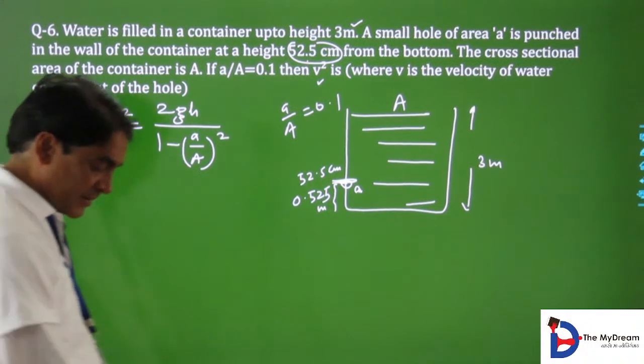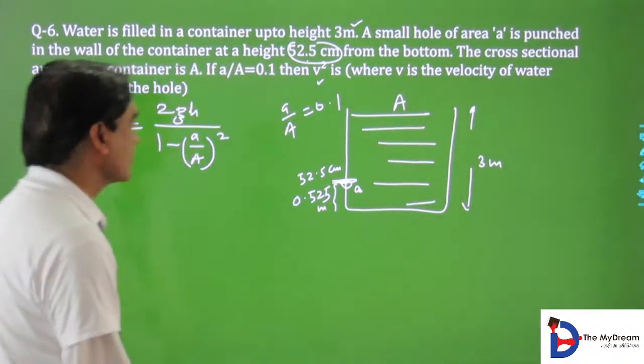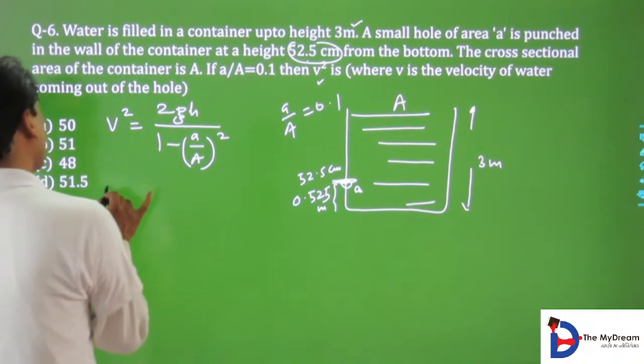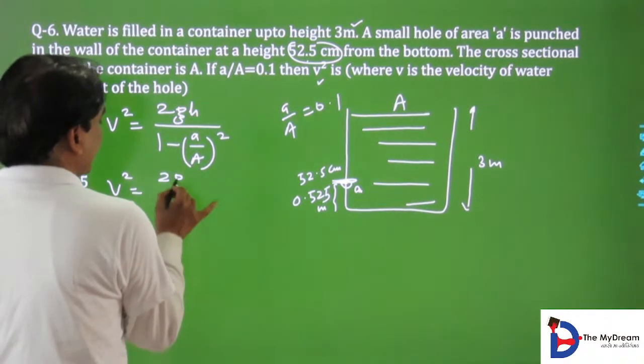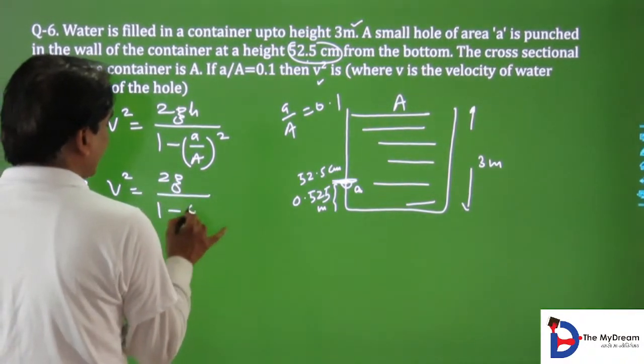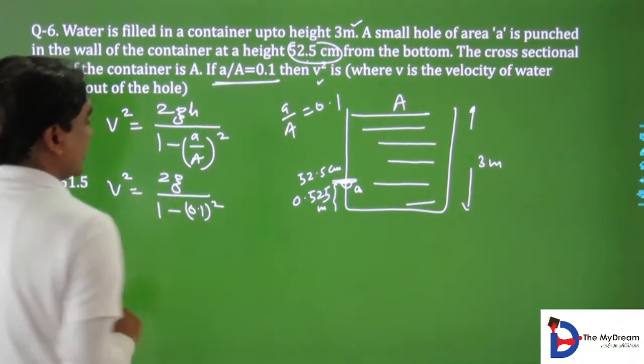When we are discussing the venturi meter, then you will get this type of equation. So h, what is h? This is 1 minus 0.1 whole square. This is given to you.